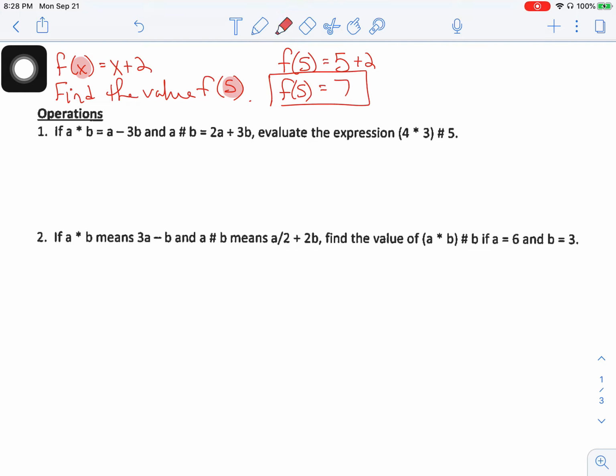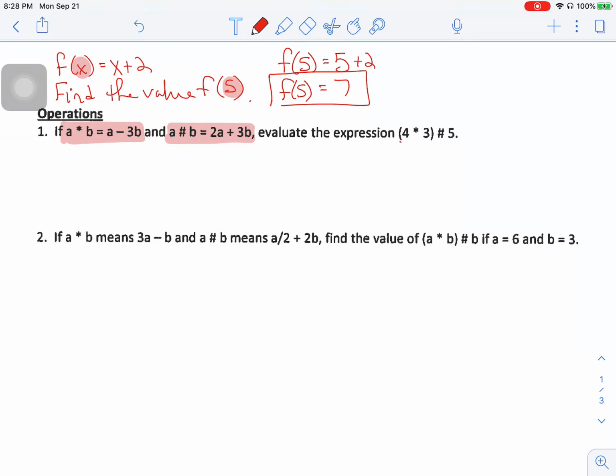These are not things that you memorize, in the same way that you do not memorize f of x as x plus 2. It changes depending on the problem. So it's the same thing here. These operators, in this case asterisk and hashtag, have to be defined for us. All right? So using these definitions, we are asked to evaluate the expression.